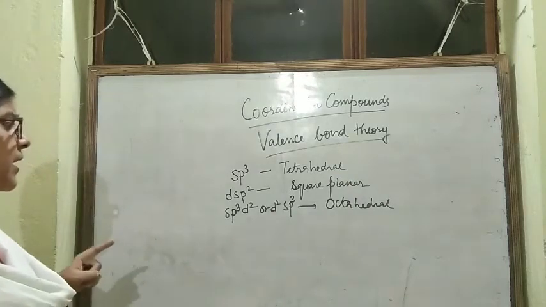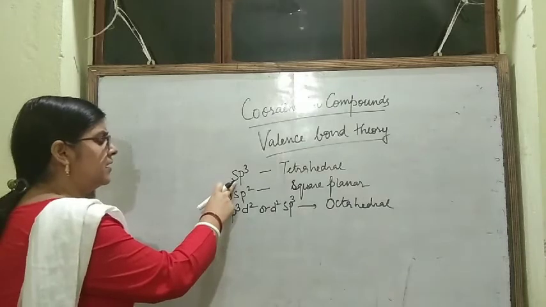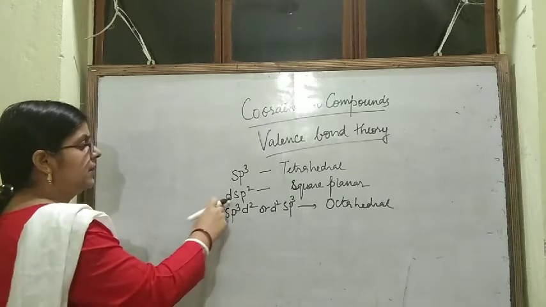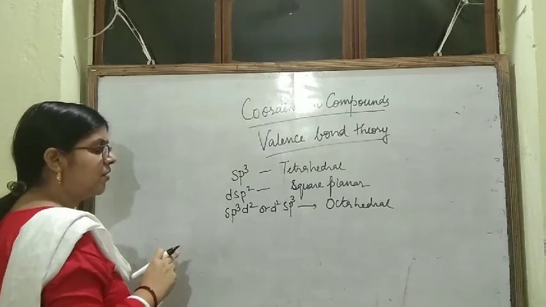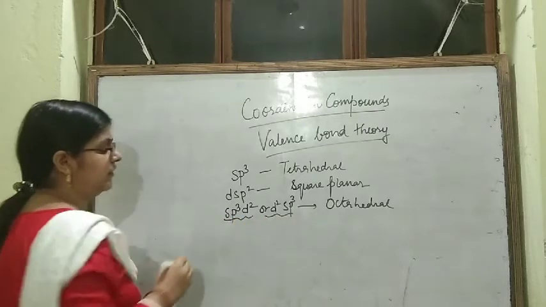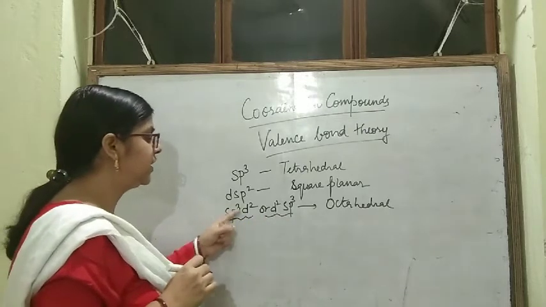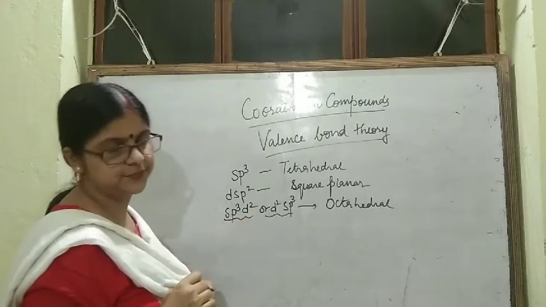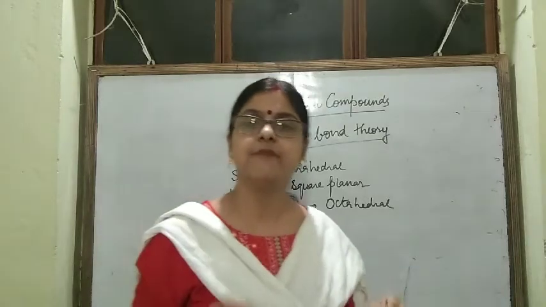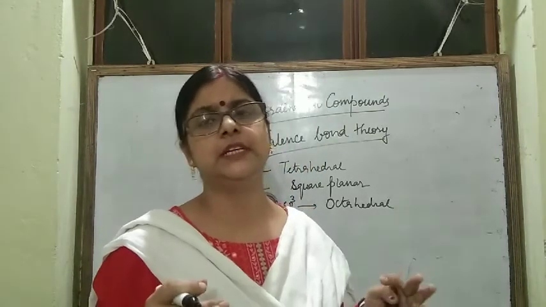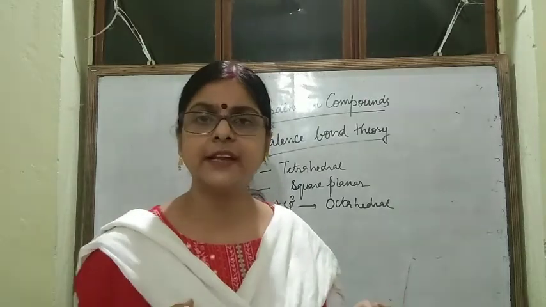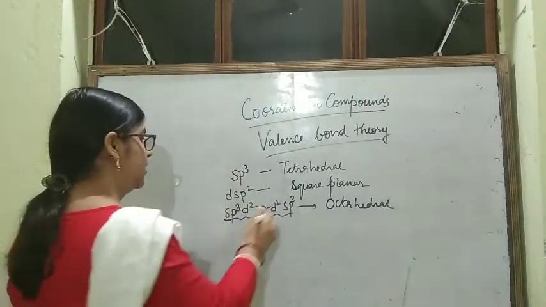Here s, d and p orbitals are involved. Here you see there are two types we have written, sp3d2 and d2sp3. Students will have to understand that sometimes the inner d orbitals participate in hybridization, that is d2sp3.